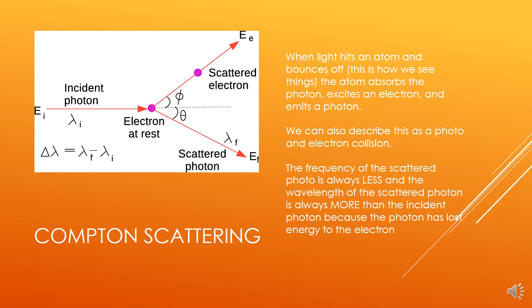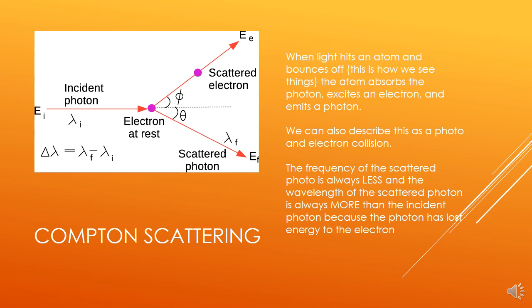The other colors are being absorbed by that object. So what happens is, I wrote here in the first paragraph, when light hits an atom and bounces off, this is how we see things. The atom absorbs the photon, excites an electron, and emits a photon. So when something has a green color, that object is absorbing all the white light, but it's only bouncing the green back.